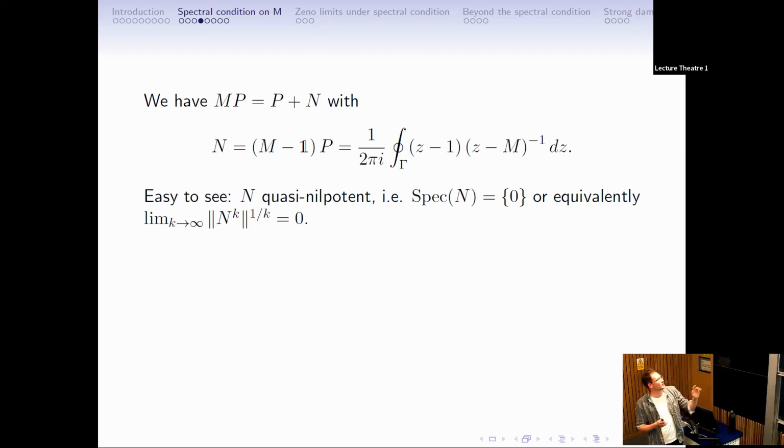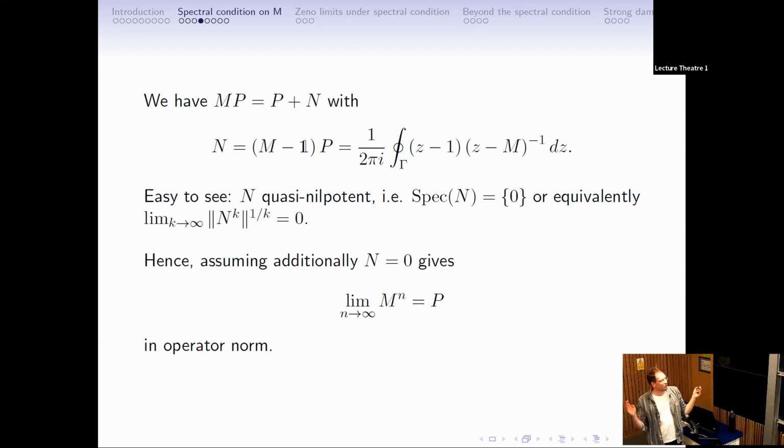Maybe already from this formula I should motivate this P and N from things you might be more familiar with. If the whole setup were finite dimensional, then P would just be the projector on the corresponding Jordan block with eigenvalue 1, and N would be the nilpotent operator, the off-diagonal ones which pop around there.